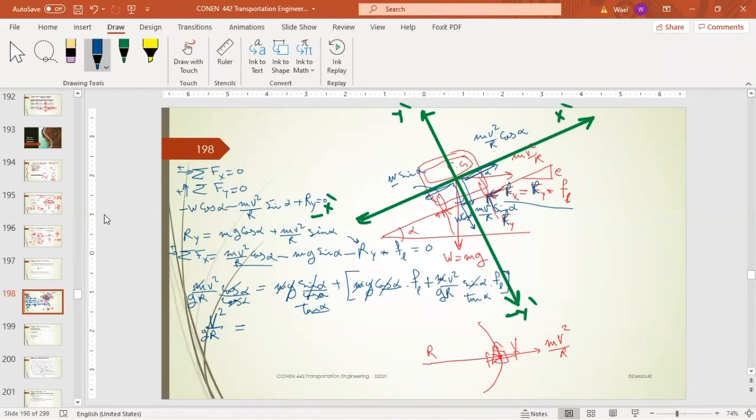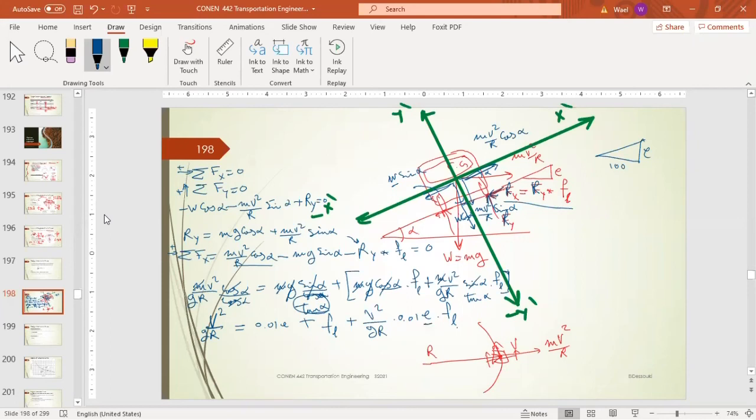We define the slope of alpha by E, which is called super elevation, so tan alpha is 0.01 E.